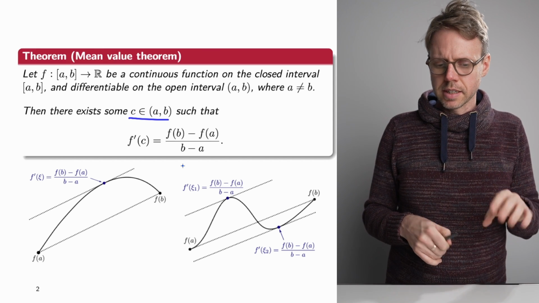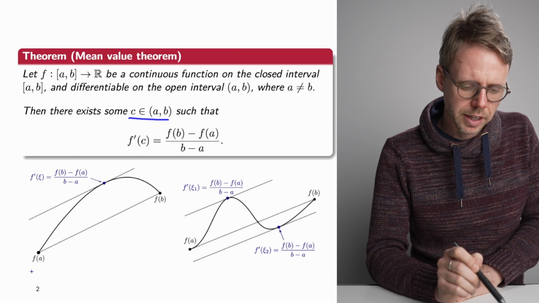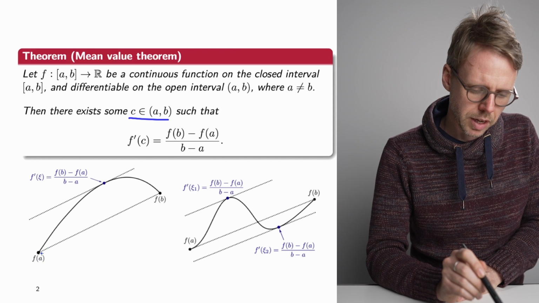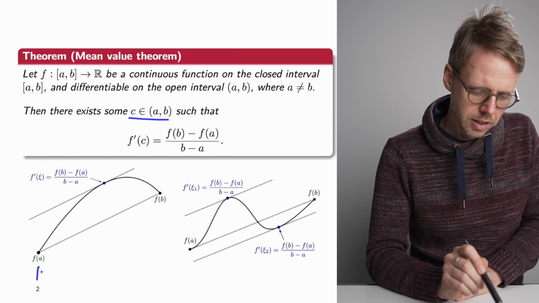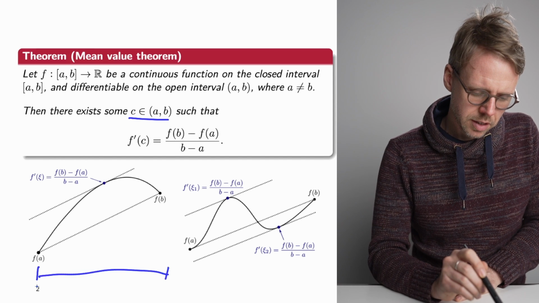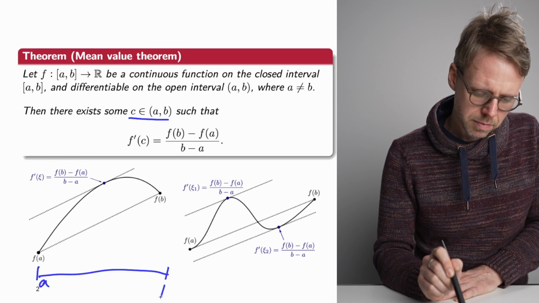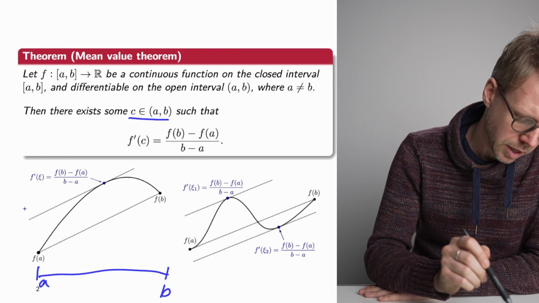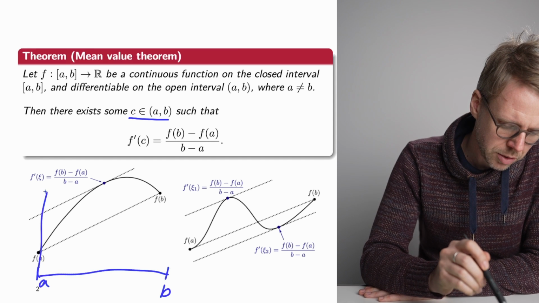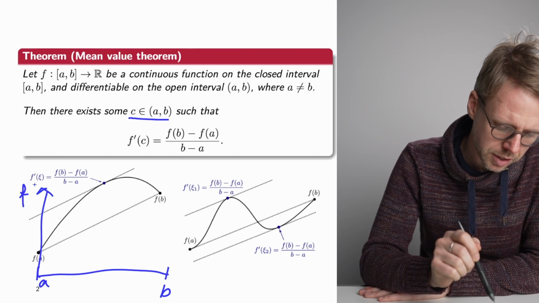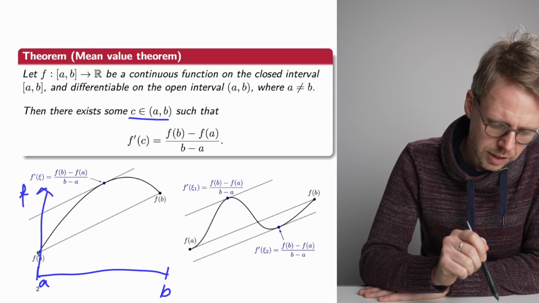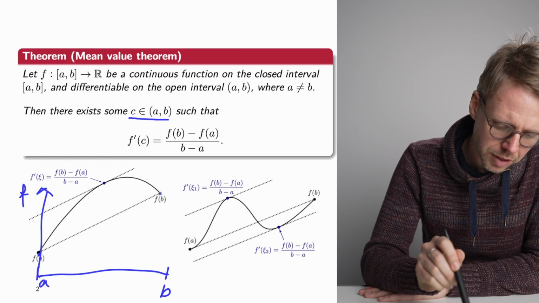So what this means, you can see in the following picture. So we have our interval a, b. We have our function values f in this direction. So here we have f of a, here we have f of b.